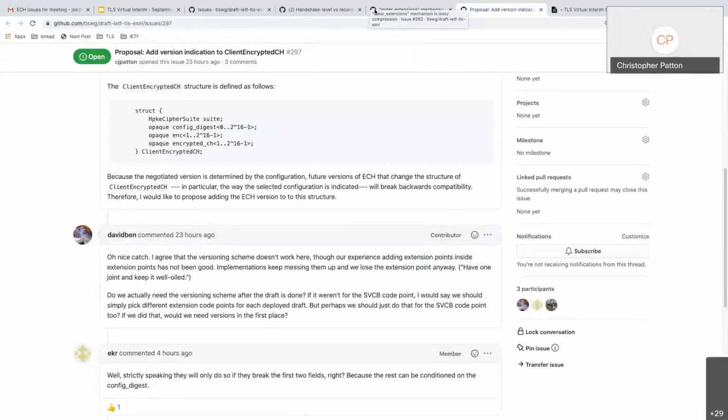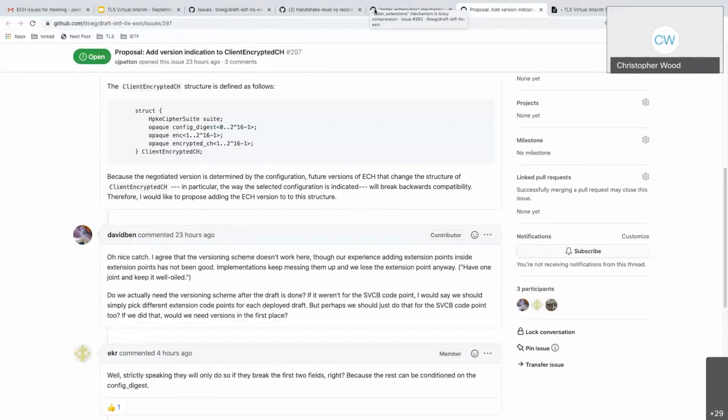I don't see a reason to change them from where I sit. It seems like this is the necessary information for picking the configuration today. We just can't change the way the configuration is picked. So if anyone can envision changing that in the future, I think then we should add the version. To your point, the proposal from David that Nick was mentioning does allow you to truncate because it's variable length. But yes, I agree with the general sentiment.